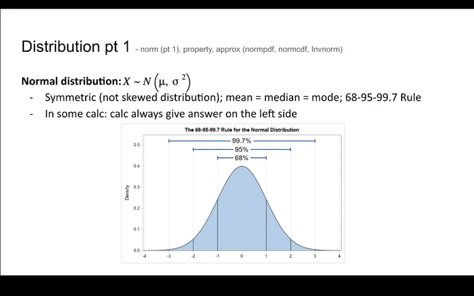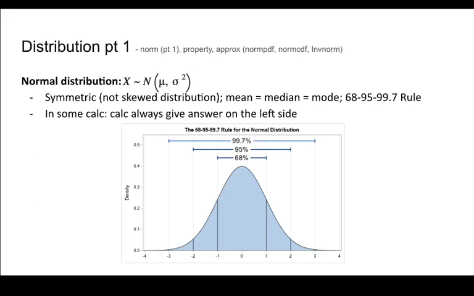And usually the way we deal with it, because it's symmetric and because the mean and the standard deviation function as the things that transform the graph, we can always have a standard normal distribution of it, but we're not going to cover that a lot. Basically, it's the same shape all the time, but with different stretches or different positions in relation to the mean and the standard deviation.